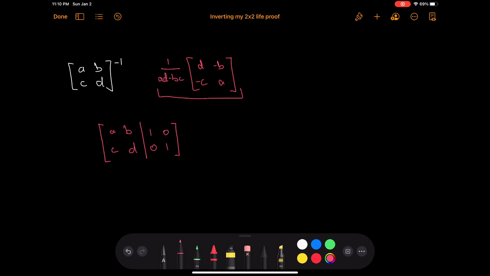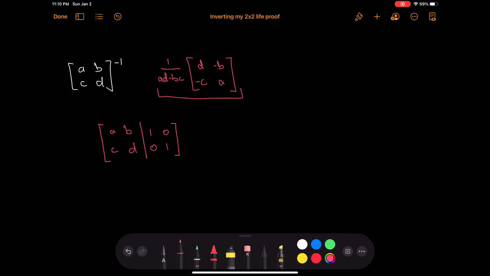But what we have here is variables A, B, C, and D. That's no biggie. That's just implying that it doesn't matter what number these letters are. This will still give us the general formula.